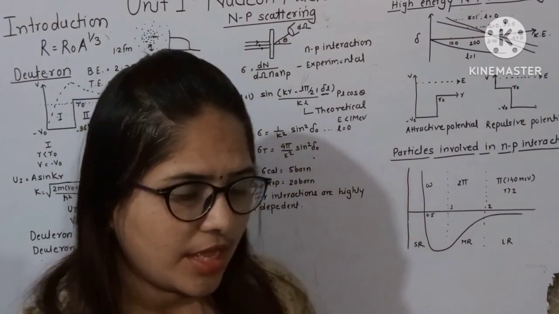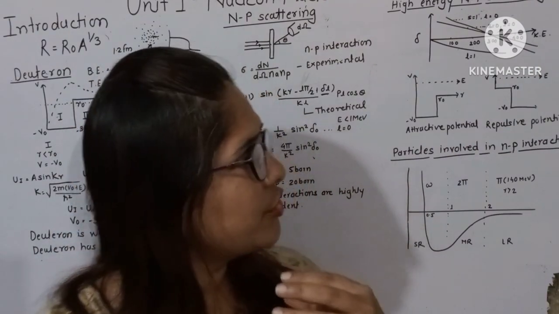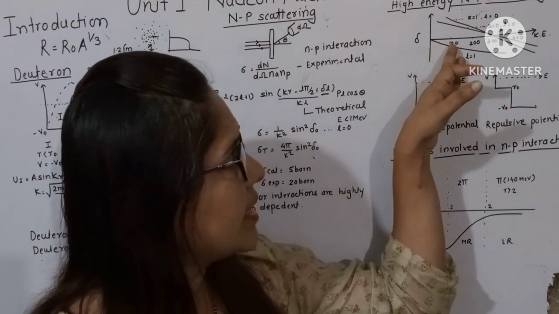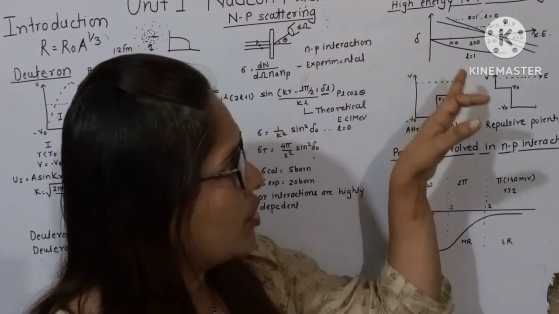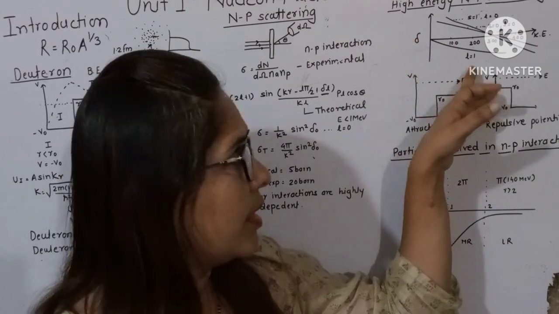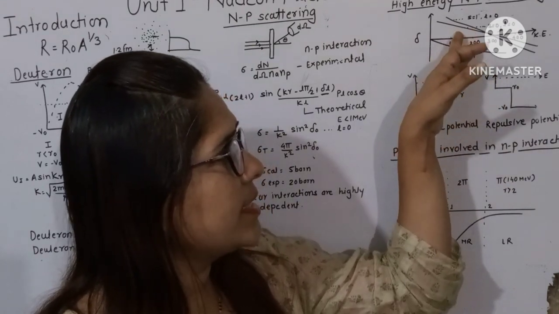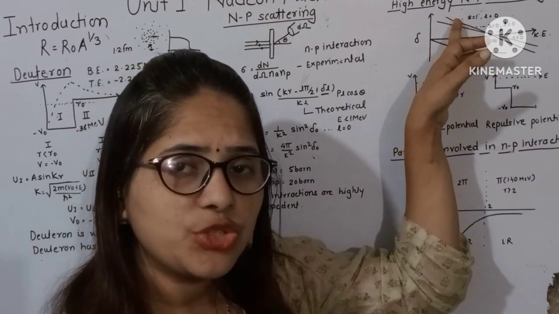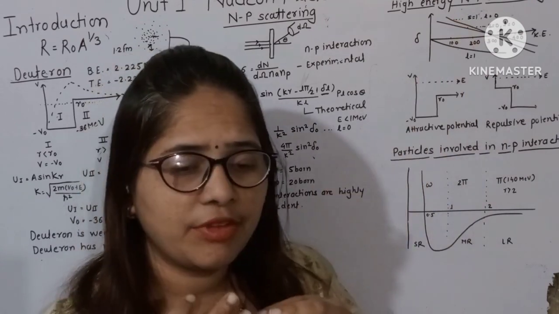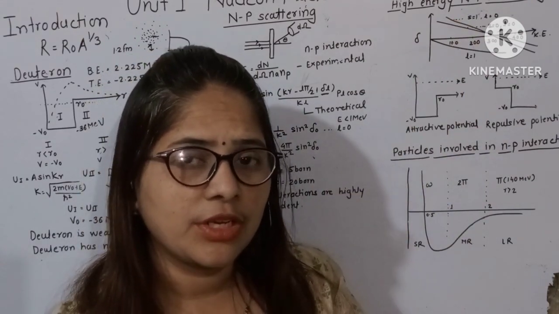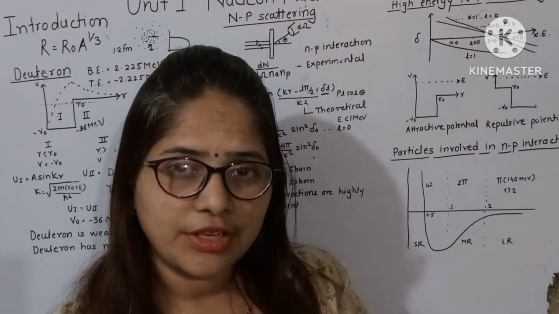Now see here, when the kinetic energy of the incident particle is less than 100 mega electron volt, this L equal to 1 is not contributing so much. Only the S equal to 0 and S equal to 1 wave functions are responsible for whatever nuclear interaction is there.